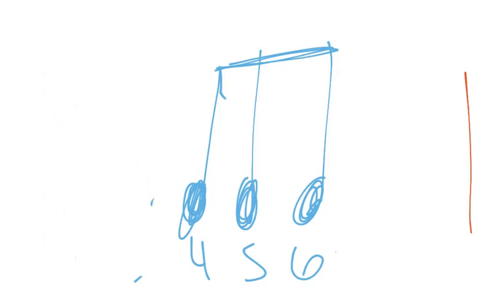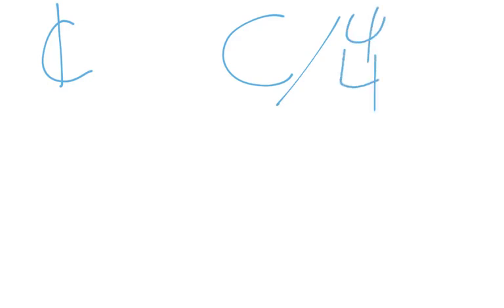And then the other time signature that we're going to learn about is cut time. Remember, common time or 4/4 was like this. Cut time is common time divided by 2, which is why it's the C with the line in the middle.